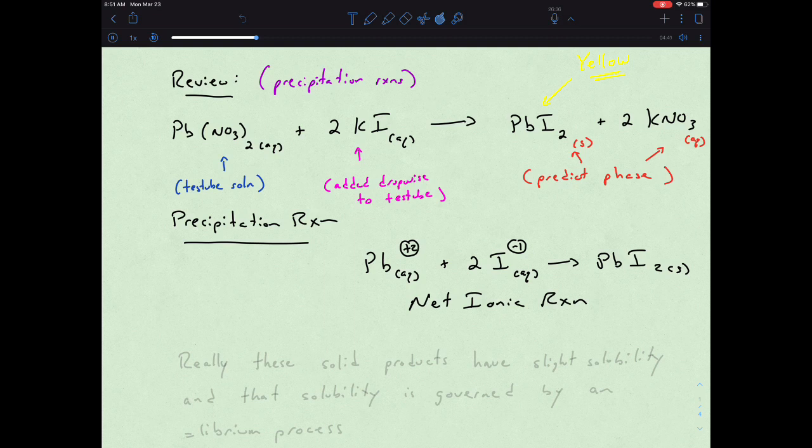When we get into looking at these processes, really these solid products have slight solubility.